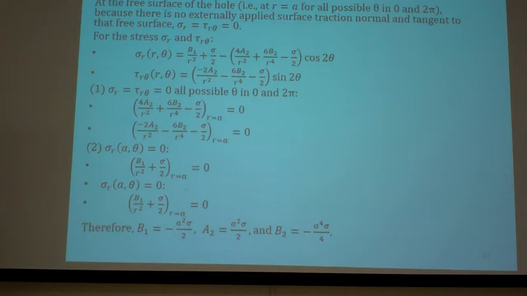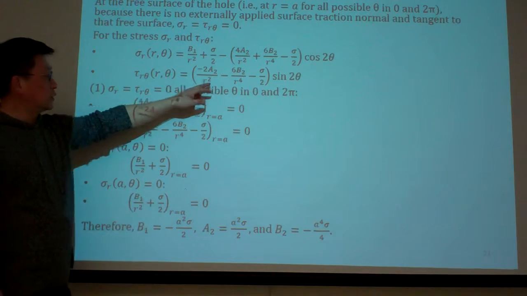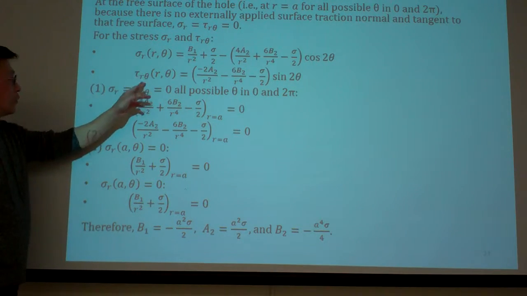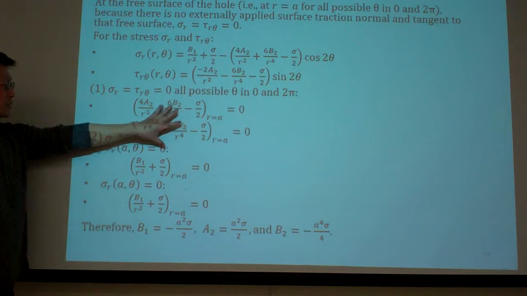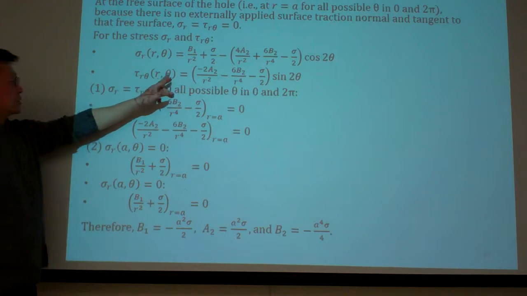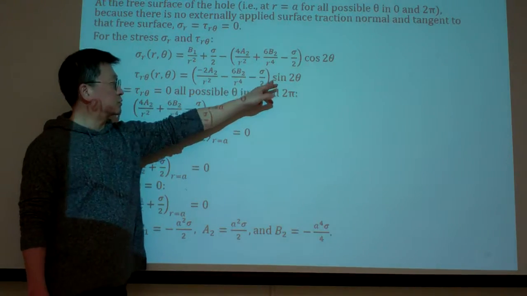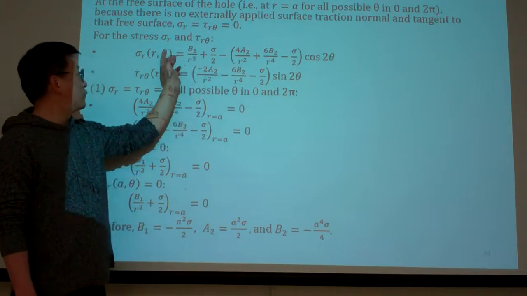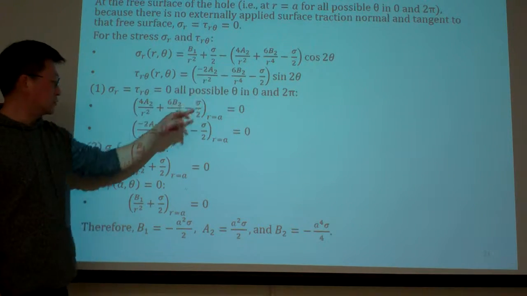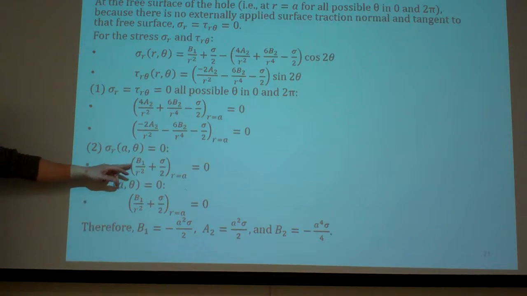So we require the coefficients associated with theta equal to 0 to meet the requirement for all possible theta. That is the very natural requirement. Under these situations, tau r theta just becomes 0. Then for the remaining term, we ask it to equal 0, so that is equal to this term here.